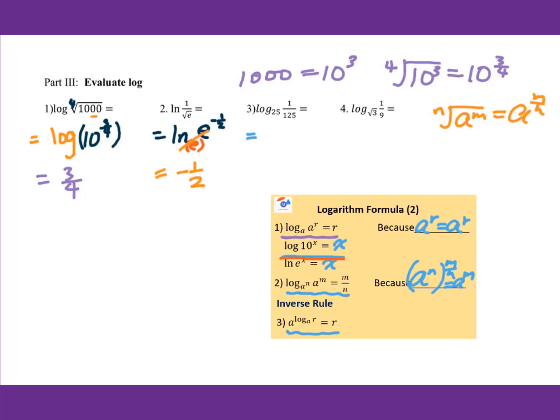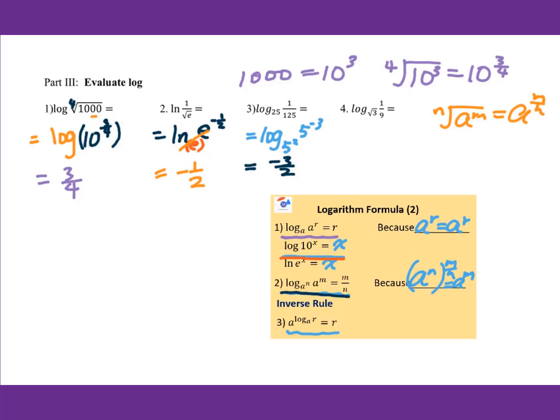Argument is 1 over 125. You can make a common base as a log base of 5 squared for 25. 1 over 125, I can write down 5 to the negative third power. Therefore, we got negative 3 over 2 because of this formula.